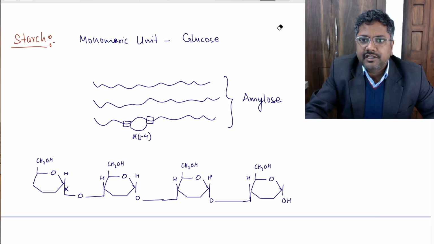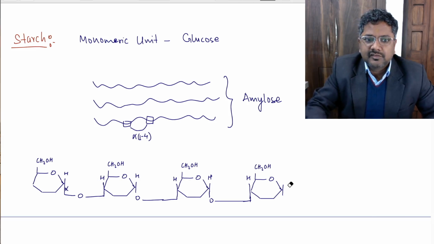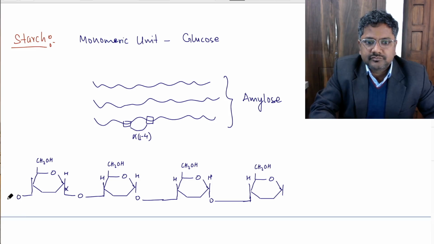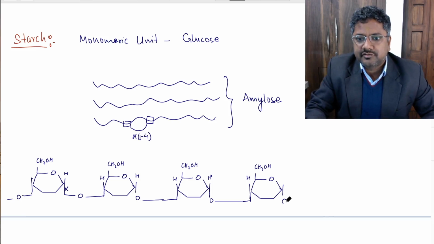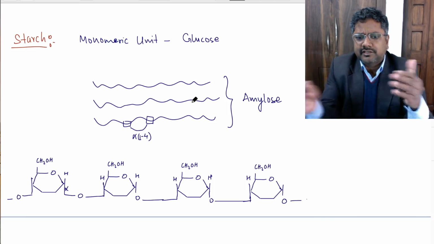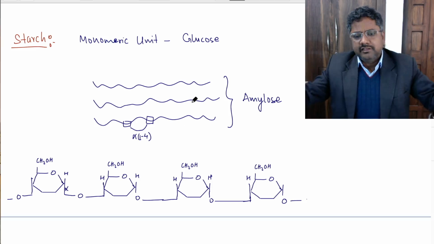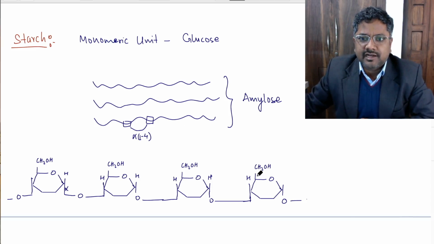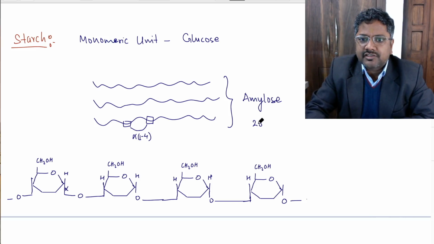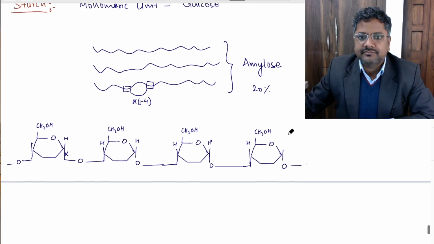So this is a linear polymer, amylose, right? So this is amylose, 1,4, 1,4. So this type of chain will grow in both directions. So this is amylose. This will contribute 20% of the starch, right?